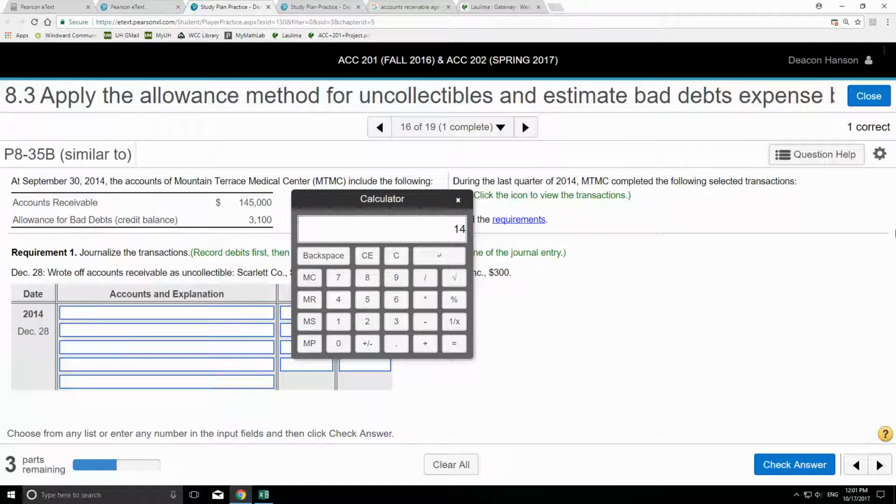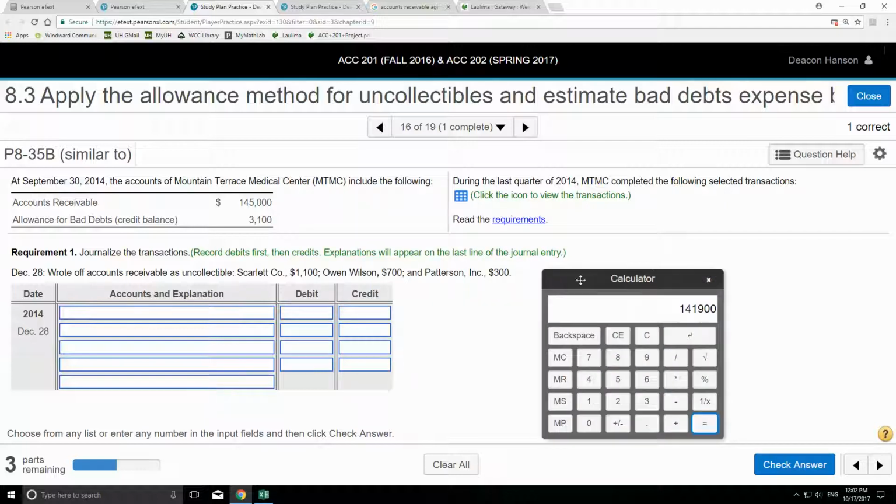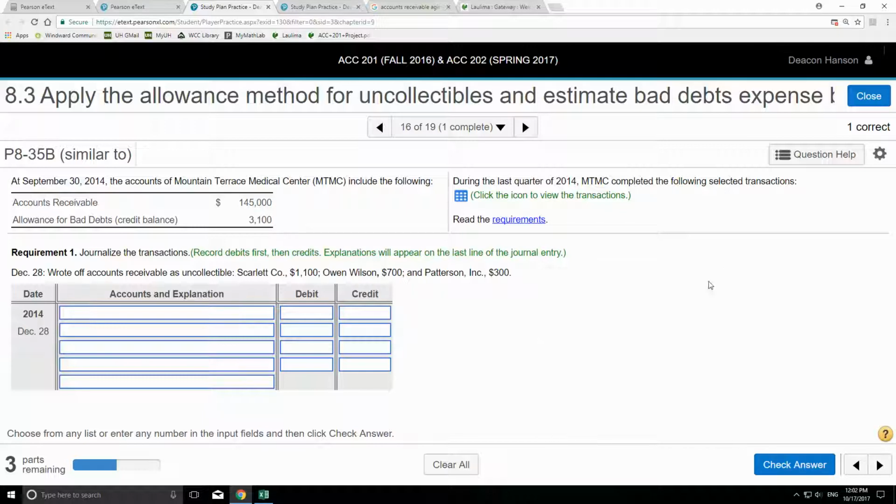Let's see, 145, right, you're going to take the difference. 143,900, 141,900. Yep. Okay. So your net receivable is always the difference between the accounts receivable gross balance and the allowance.